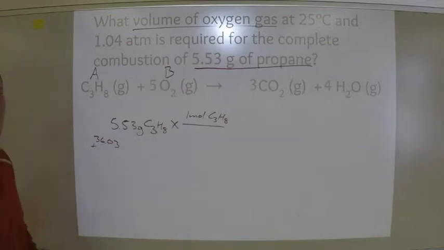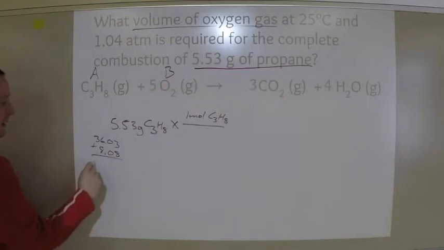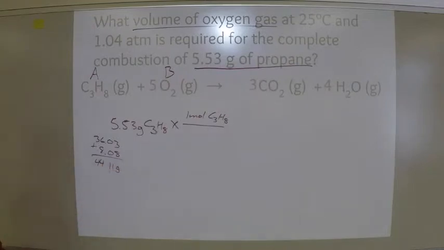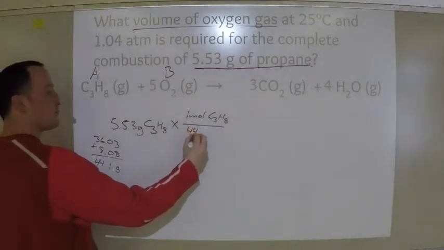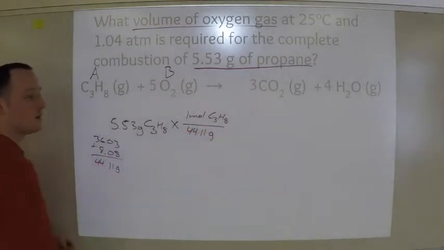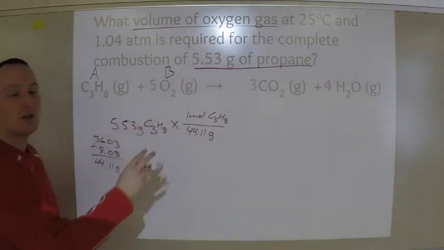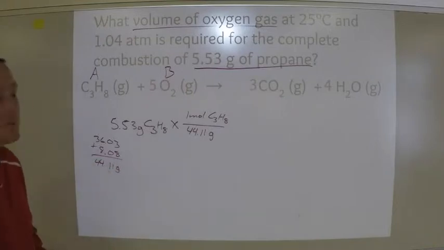I'm adding that to 8 hydrogens, which is 8.08. That gives me 44.11 grams, which means 1 mole of propane weighs 44.11 grams. So I'm putting that on the bottom. That's my first step: converting from grams of propane to moles of propane.